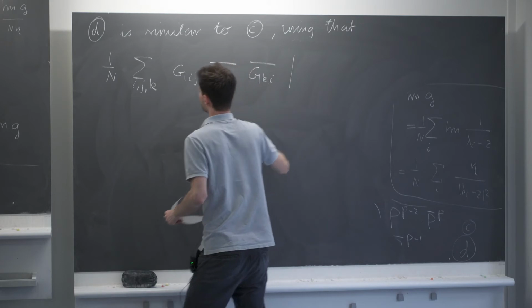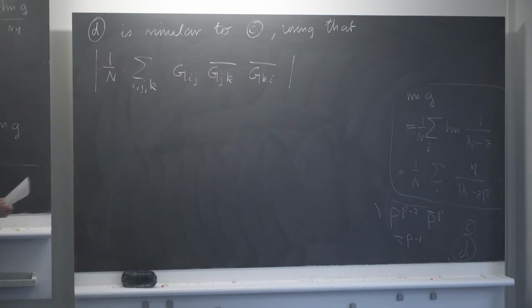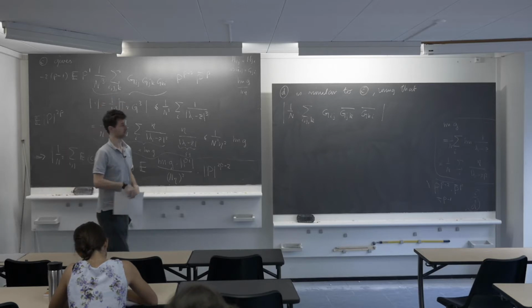And this is what I have to estimate. So it's the same thing as here, except I have two complex conjugates.